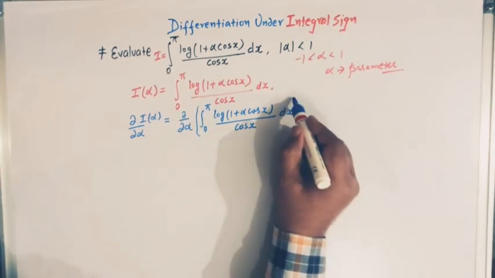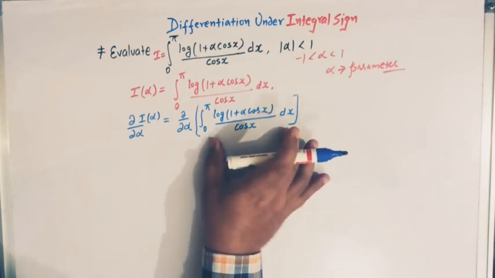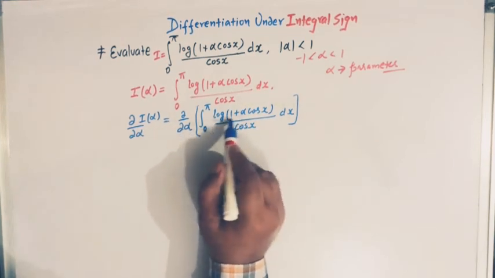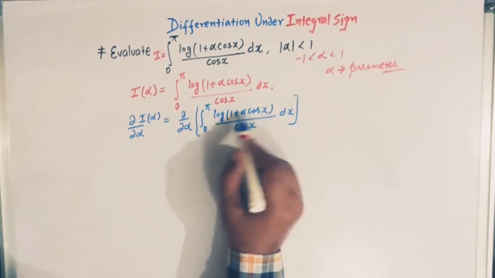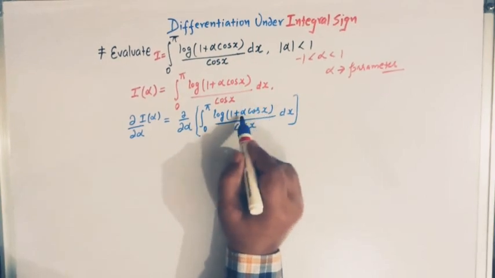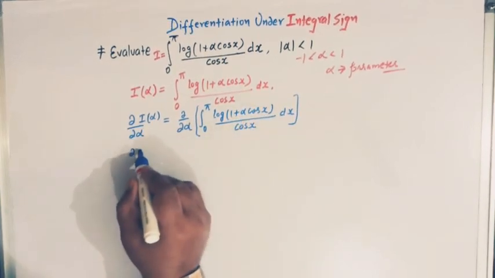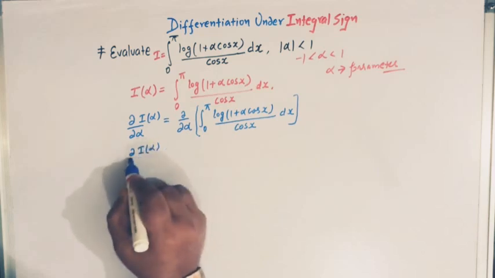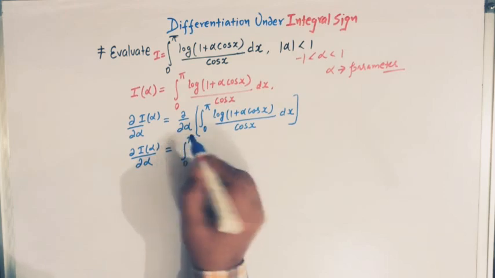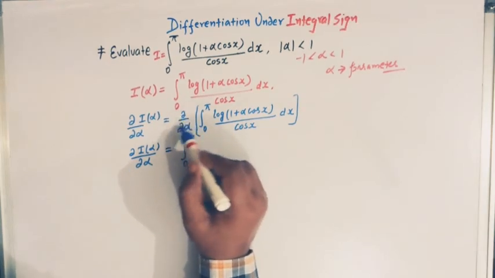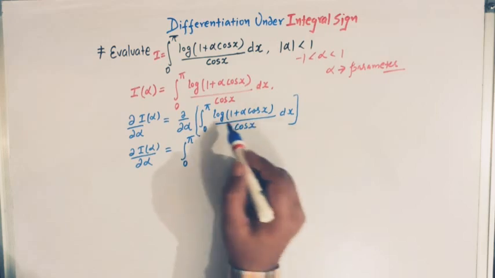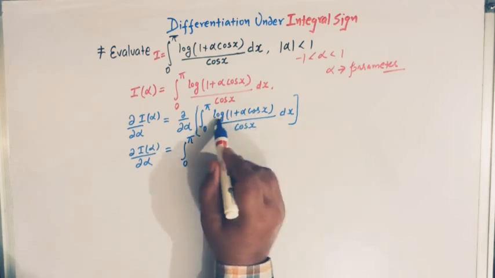So here we'll differentiate this integral with respect to alpha, and here we see that only this term, that is log of (1 plus alpha cos x), contains alpha, right? So we have del I(alpha) over del alpha is equal to the integral from 0 to pi, taking this partial derivative inside the integral and differentiating this expression, right?